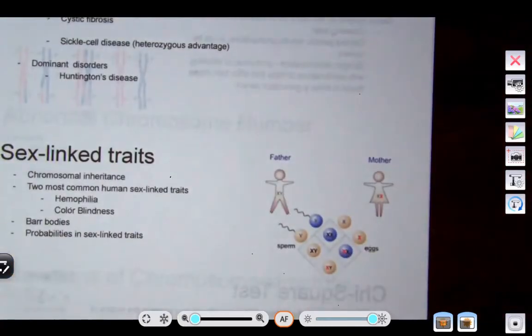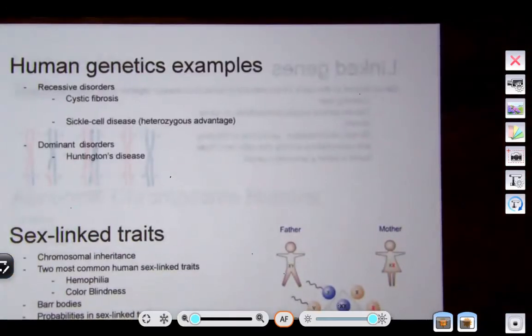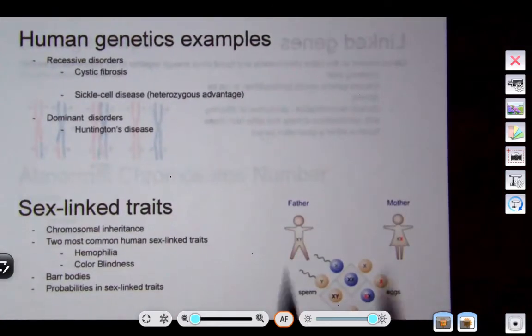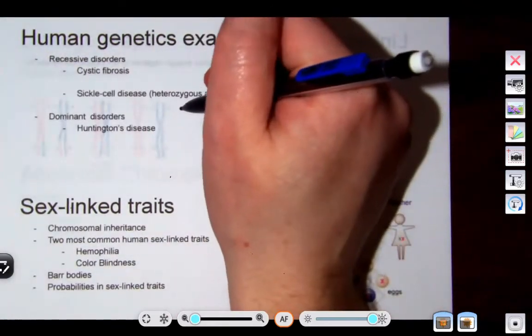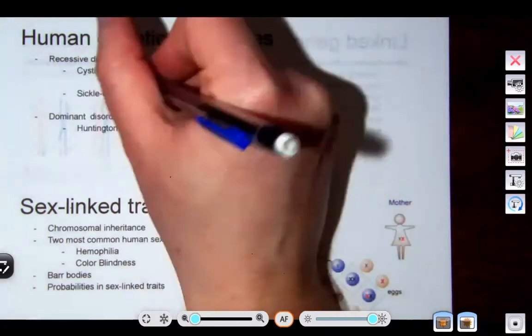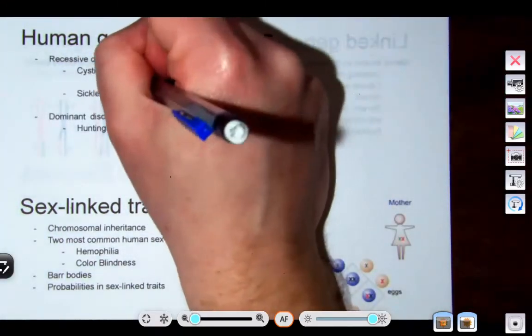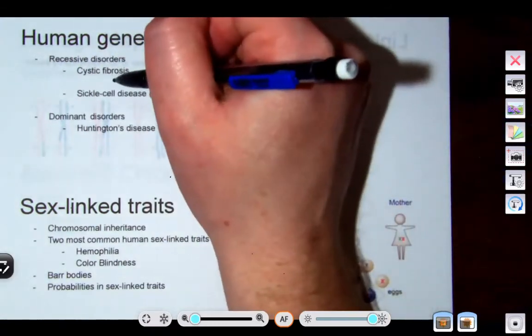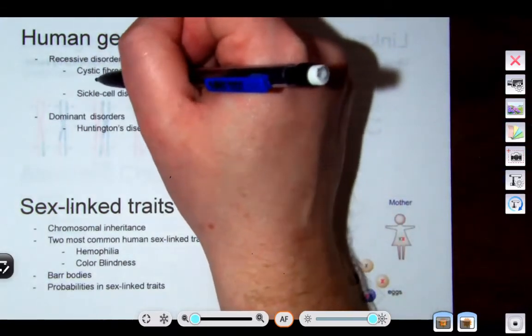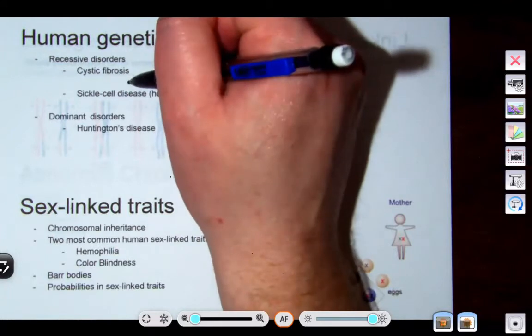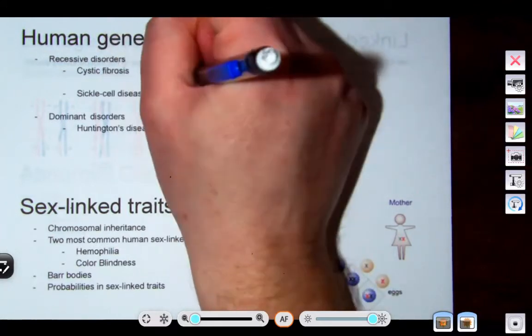Talking about human genetic problems, there are a couple of different things. Two recessive disorders are cystic fibrosis and sickle cell anemia. In cystic fibrosis, there are a number of different issues, but one of the big ones is it causes a malfunction in a protein that helps control how mucus is made in the lungs.